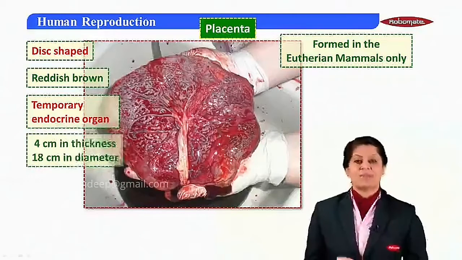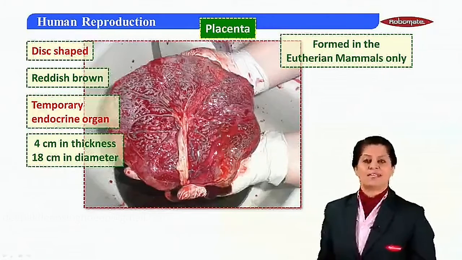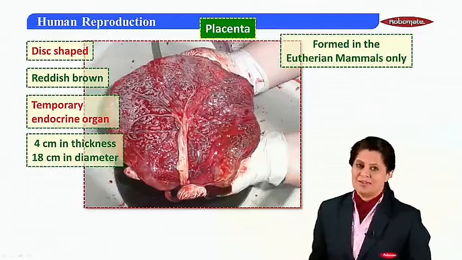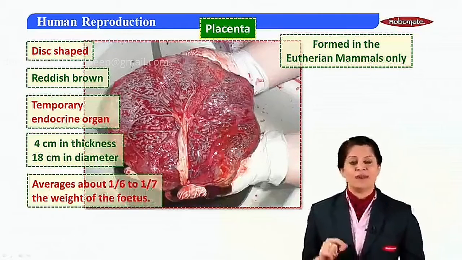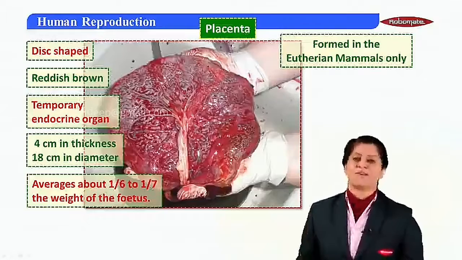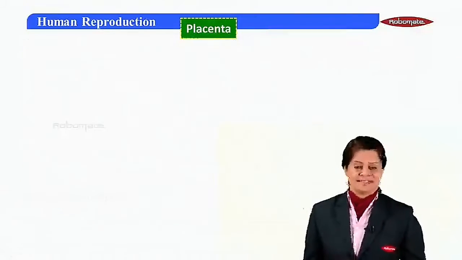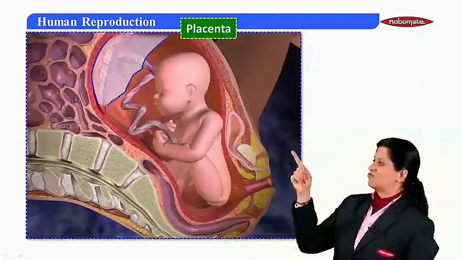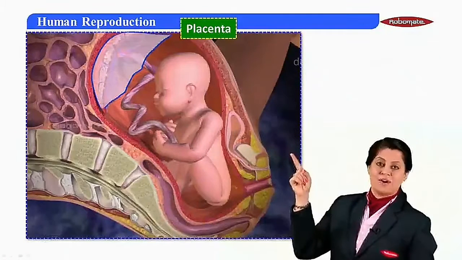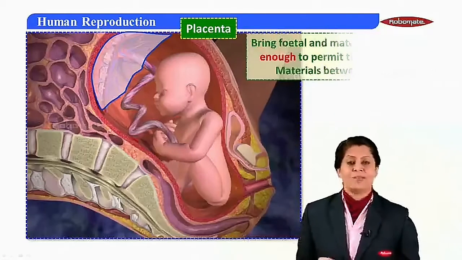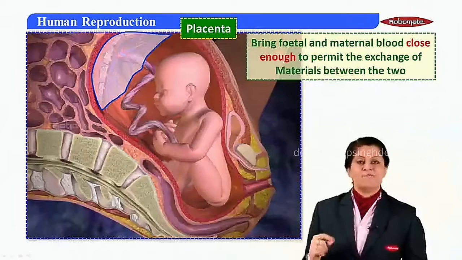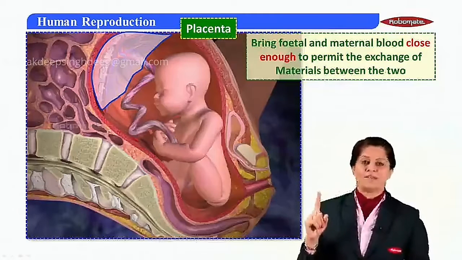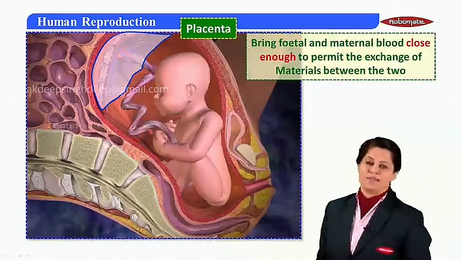And students, placenta is generally 4 centimeter in thickness and 18 centimeter in diameter. It weighs around 1/6 to 1/7 of the weight of the fetus. Now in placenta, fetal and maternal blood come close enough to permit the exchange of material.